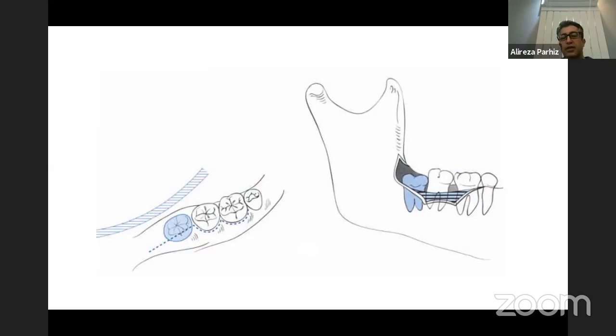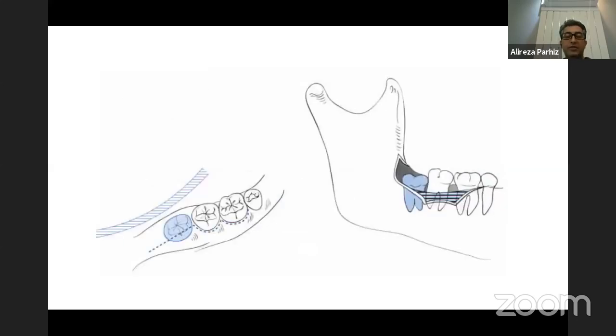One of the most common incisions for removing the third molar is the pocket incision, in which the blade goes around the sulcus of the first and second molar. It begins from the mesial angle of the first molar up to the distal angle of the second molar, and then goes up the ramus on the anterior border of the ramus.